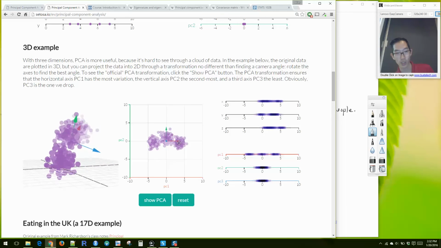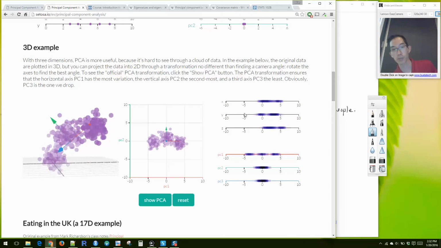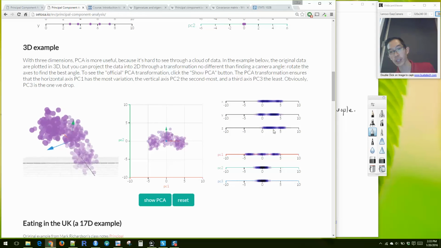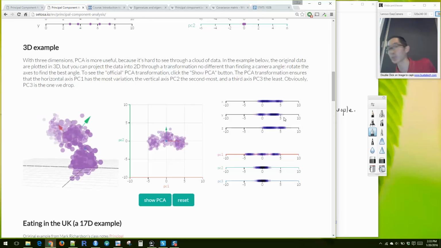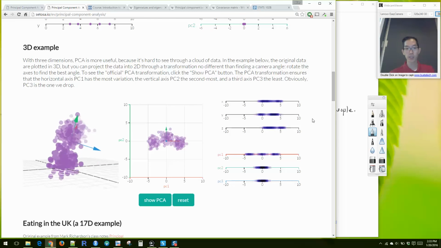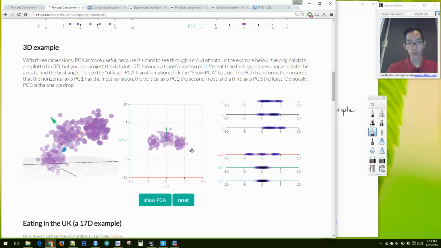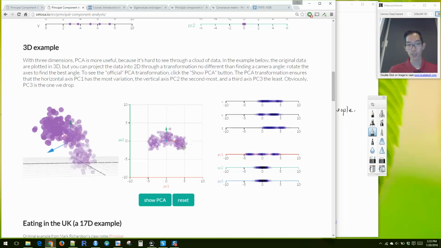From there, you're trying to find the next amount of variation, and that's going to be your second principal component. The original data, looking at x, y, and z, is a cloud of points ranging from 0 to about 5. But we can pick out the extreme points according to the principal components.